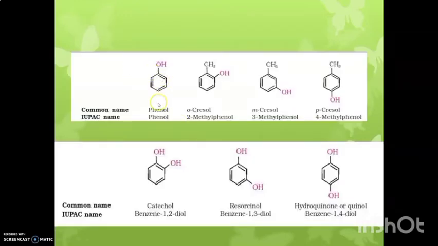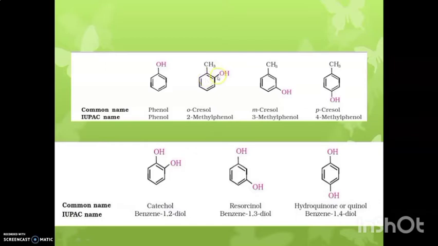Here you can see some common names and IUPAC names of different phenols. Here you can see phenol's common name and IUPAC name are the same. In the case of toluene, the second position, we can call it orthocresol.